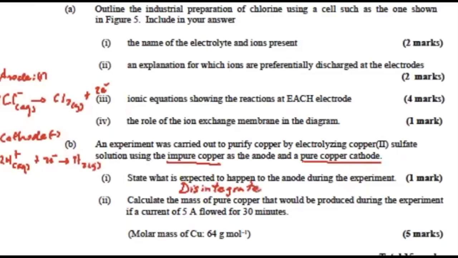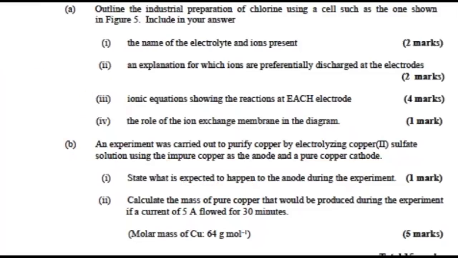Or it's supposed to just get smaller and smaller as time progresses. Calculate the mass of pure copper that would be produced during the experiment if a current of 5 amperes flowed for 30 minutes. So part 2 of B. So we'll need more space for this.